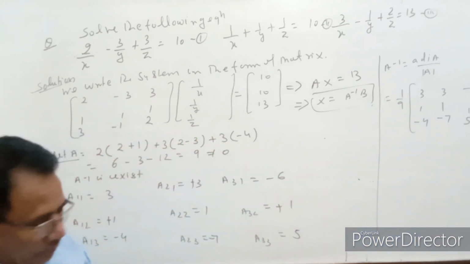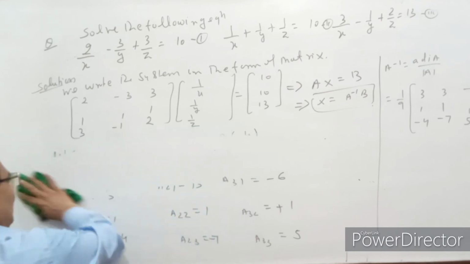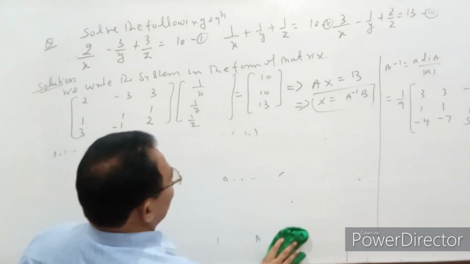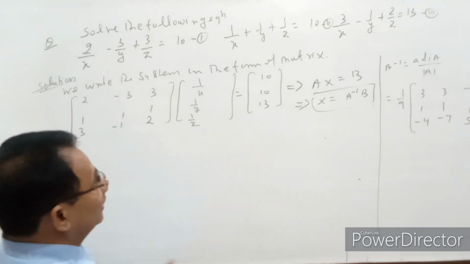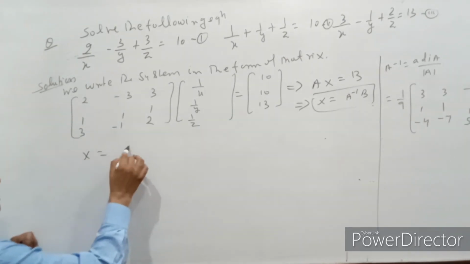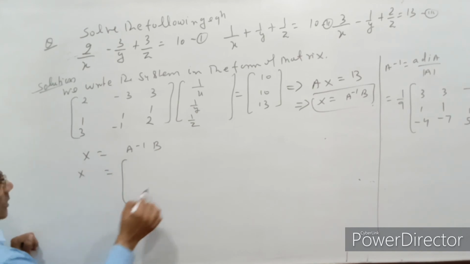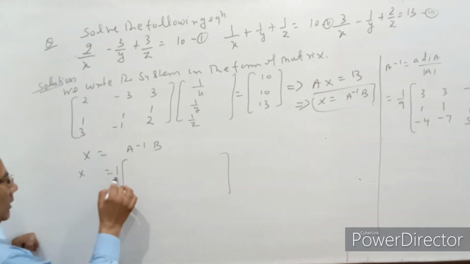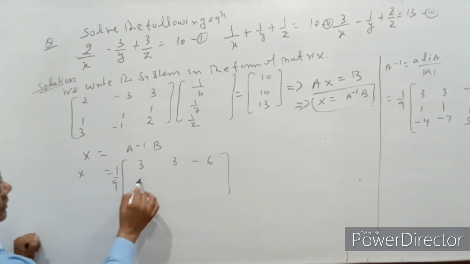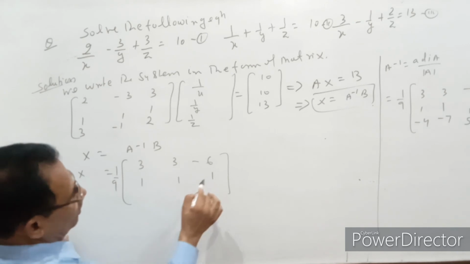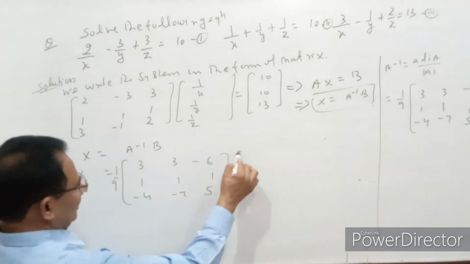So that is the value of A inverse, therefore we find the answer. Put the value of A inverse here. X is equal to A inverse B, or X is equal to 1/9 of 3 3 -6, 1 1 1, -4 -7 and 5.